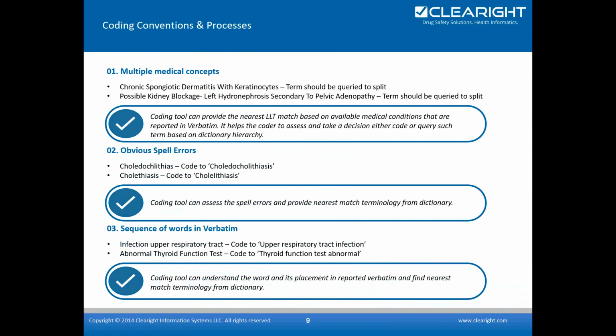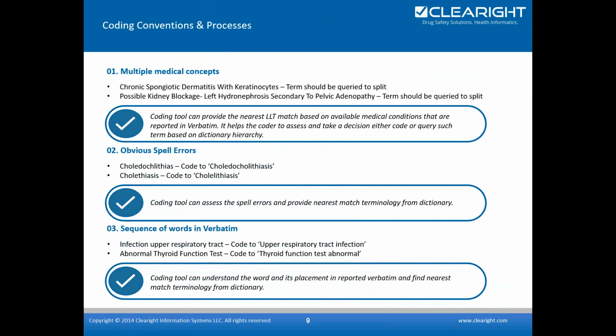Here also, company conventions play an important role in how you want to perform the coding. You may want to split, you may want to query for the underlying diagnosis, or you may want to code each term separately. So in these examples, how will ML and AI help? I would like to emphasize that in these examples, the coding tool can provide a nearest match LLT based upon available coding conventions that are reported in a verbatim.